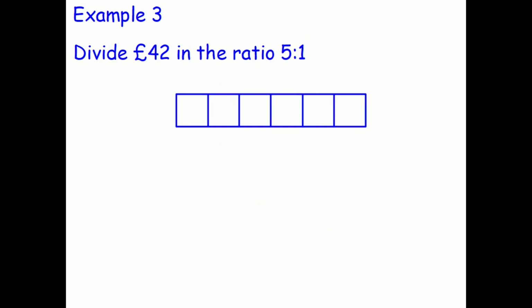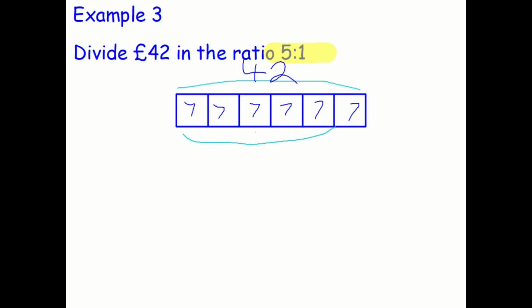Example number 3, divide £42 in the ratio 5 to 1. So I've added 5 and 1 to give me 6, and you can see I've drawn 6 boxes here. I've got to divide 42 equally between those 6 boxes. So 42 divided by 6 is 7. 7 is in each box. If I'm dividing in the ratio 5 to 1, those 5 boxes, 5 sevens are 35.